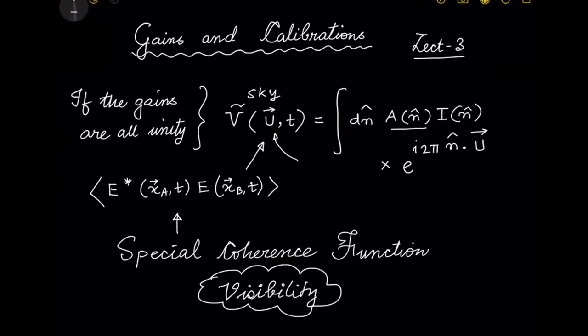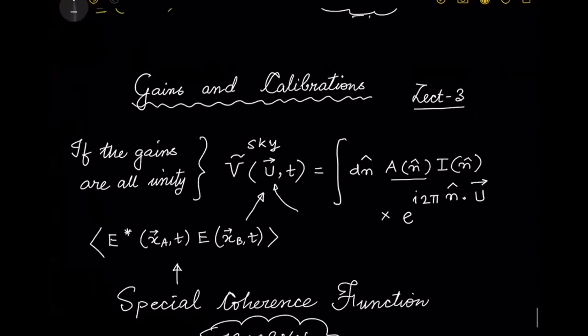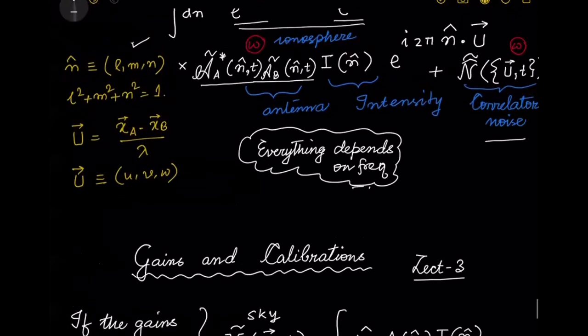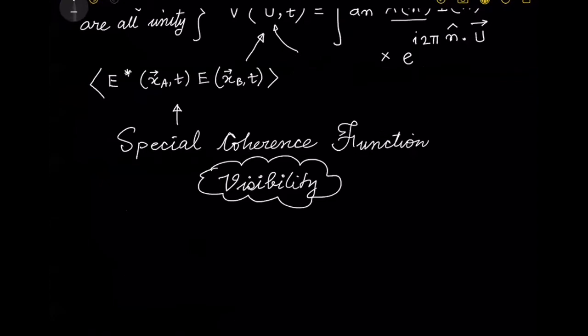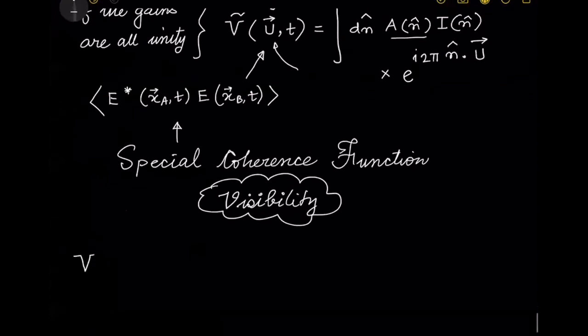I can also write it in a slightly different form. Remember that n cap had this dependence. n cap can be written in the coordinate system of our choice as l, m, and n, and u as u, v, and w. So sometimes you will see the visibility function, which is now a proper V, not a curly V, written in terms of u, v, and w.